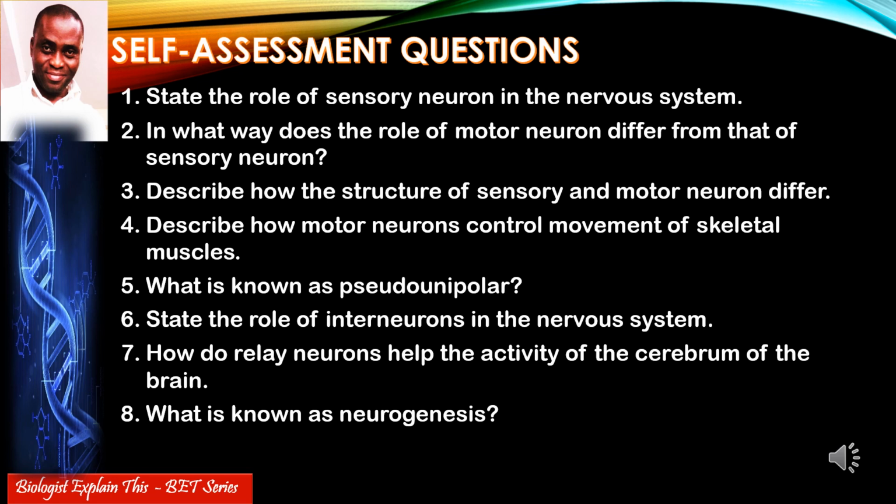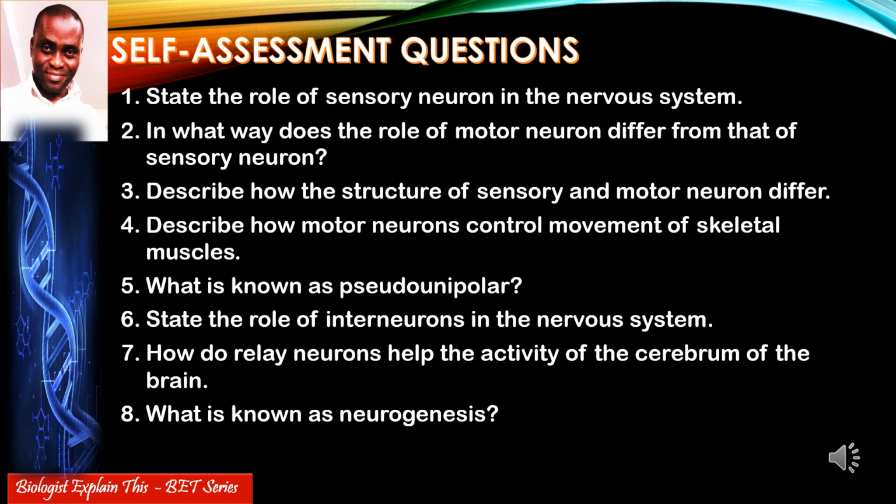Three, describe how the structure of the sensory and motor neuron differ from each other. Four, describe how motor neurons control movement of skeletal muscles. Five, what is known as pseudounipolar structure? Six, state the role of interneurons in the nervous system.